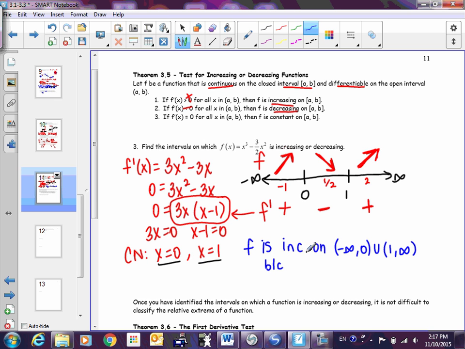Because, now this is the part you may not like. We have to write y. How do we know this? Because F prime is what? Positive. Likewise, F is decreasing on 0 to 1 because F prime is negative.